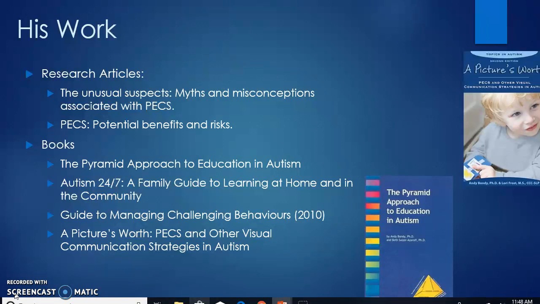Another misconception is that PECS is only beneficial for one-word requests, and that is a myth, because there are 6 phases of PECS, and in phases 5 and 6, individuals are taught how to make sentences and answer questions.